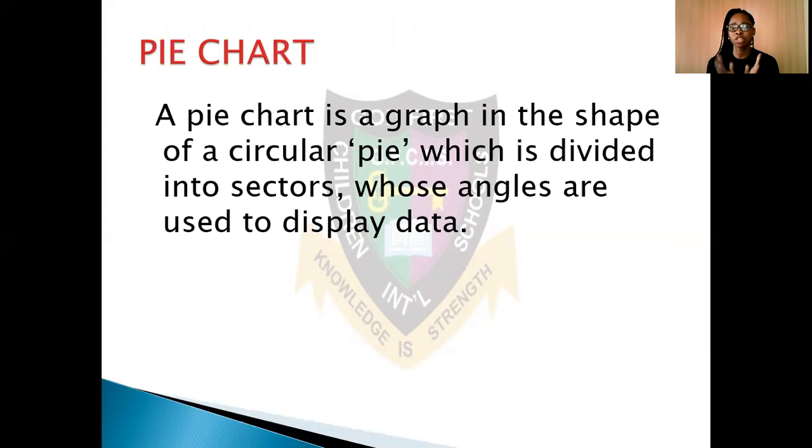The total sum of this pie must give us 360 degrees. These angles are used to display the data.